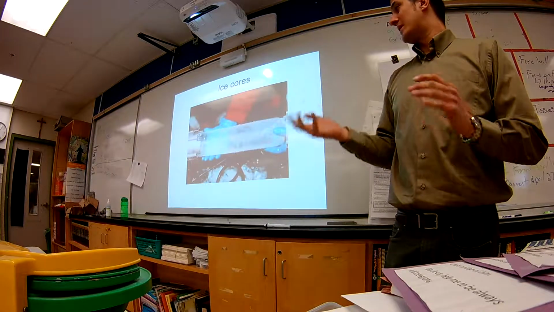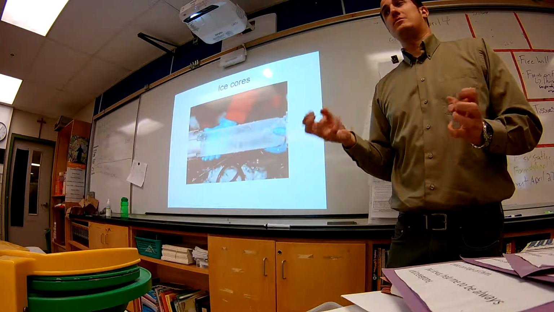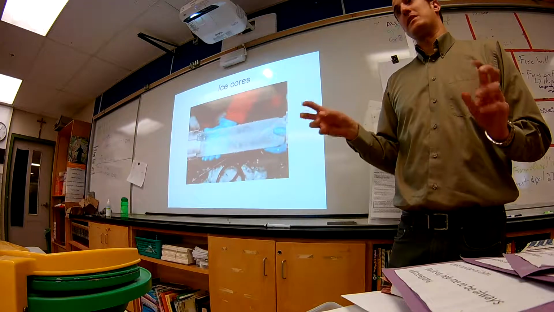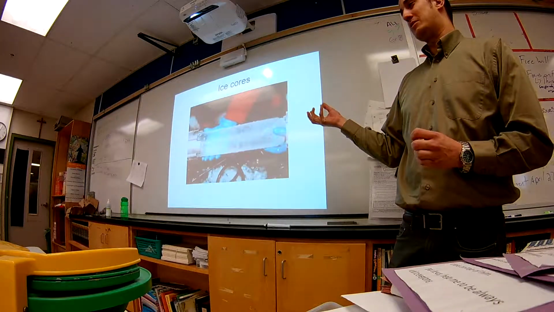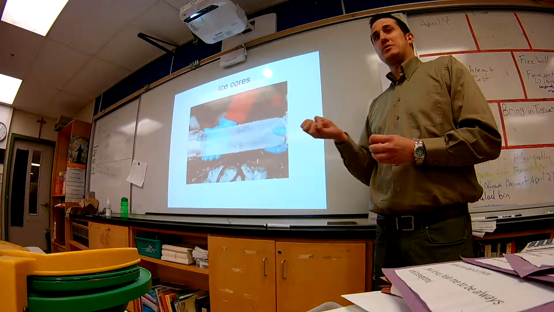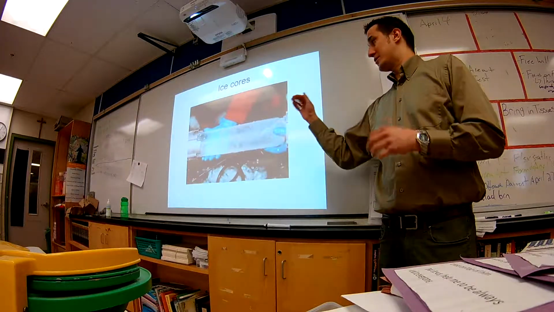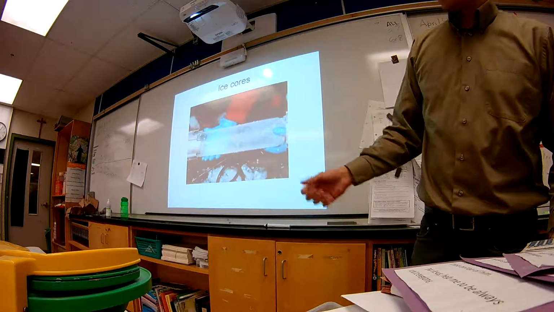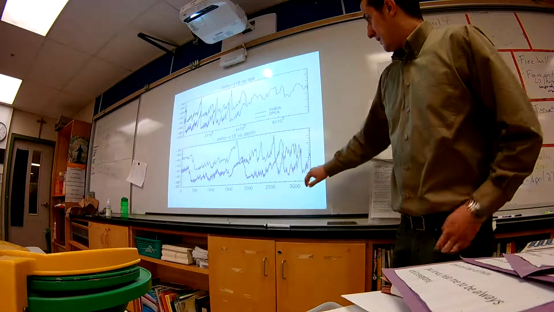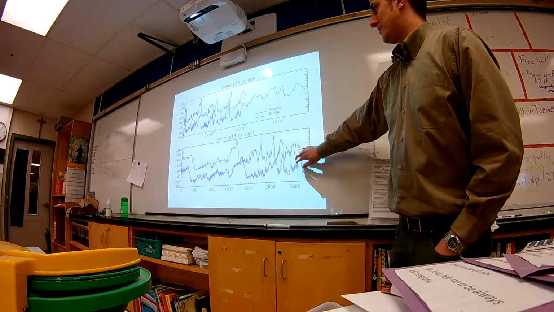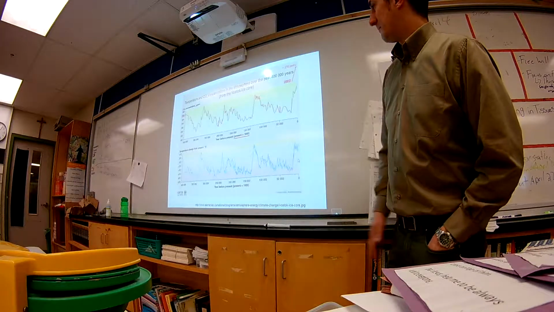So it's called a proxy record, which represents a replacement record, right? They're not actually measuring temperature. They're using oxygen isotopes, the percentage in each strata, to determine the amount of CO2. So I guess that's just the oxygen level, and what this represents in terms of temperature.